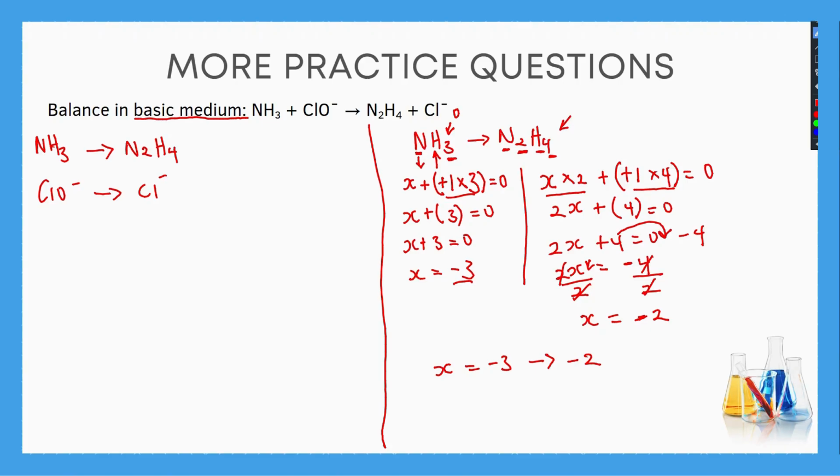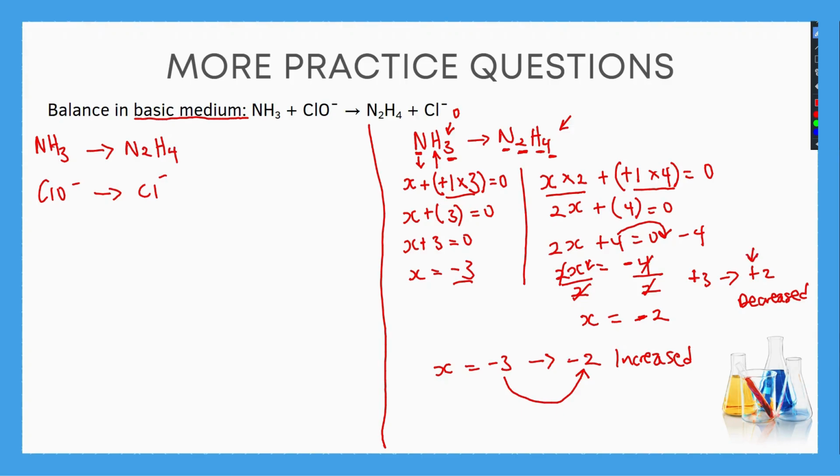Now, when something goes from -3 to -2, do we say it has increased or it has decreased? Of course, we say it has increased. Had it been maybe from, let's say, +3 to +2, we would have said it had decreased because of this plus over here.